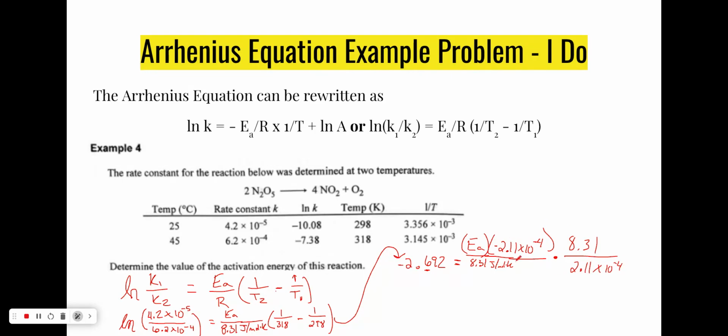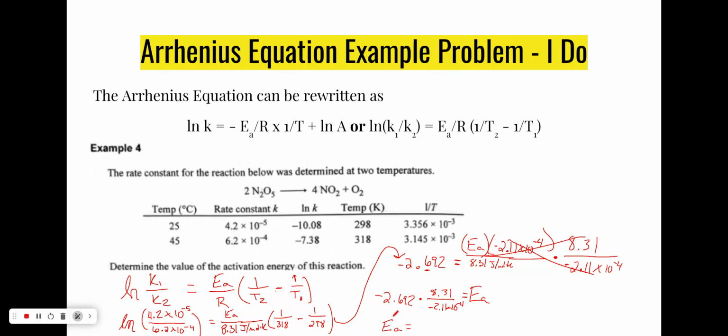This side will cancel, and we're going to be left with E-act equal to negative 6.92 times, don't forget this negative here, 8.31 over negative 2.11 times 10 to the negative 4th. So I'll be right back.